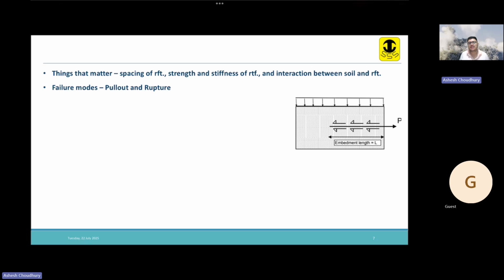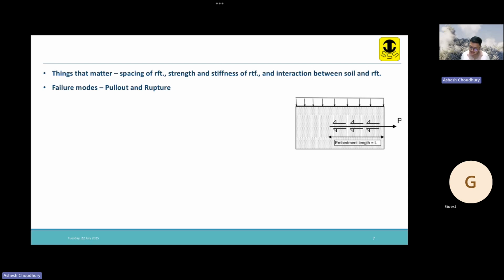One is the pull out failure and the other is the rupture failure. Let us see what these are.